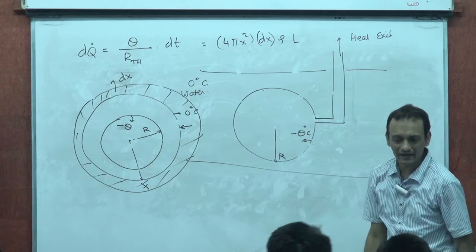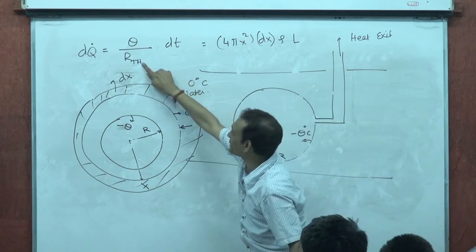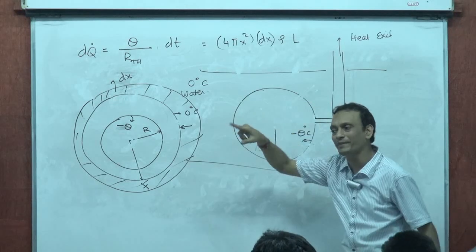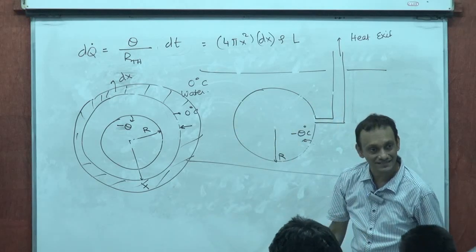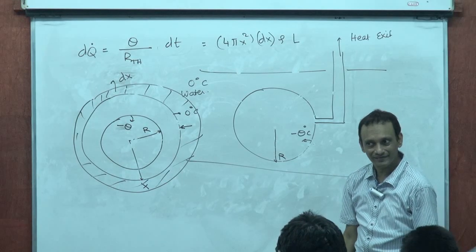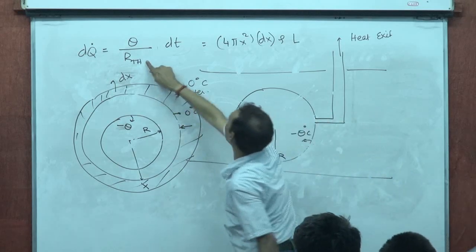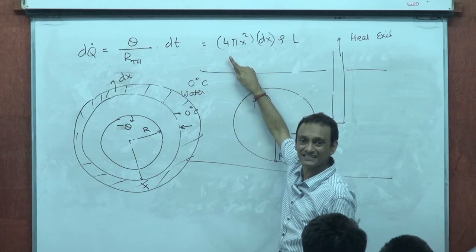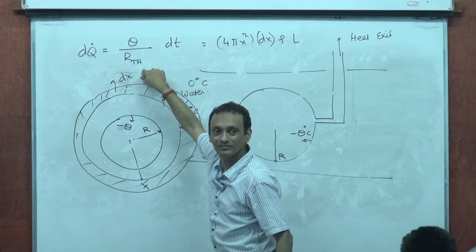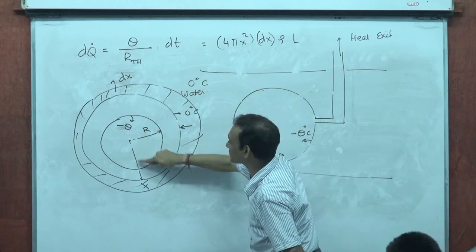Replace the R thermal in terms of x, and you have to bring that R thermal here because it's a function of x. It will involve something like 1 by R minus 1 by x, with 4 pi R x. So you can bring that right here and integrate this. When x is, sorry, when x is R, time is 0.